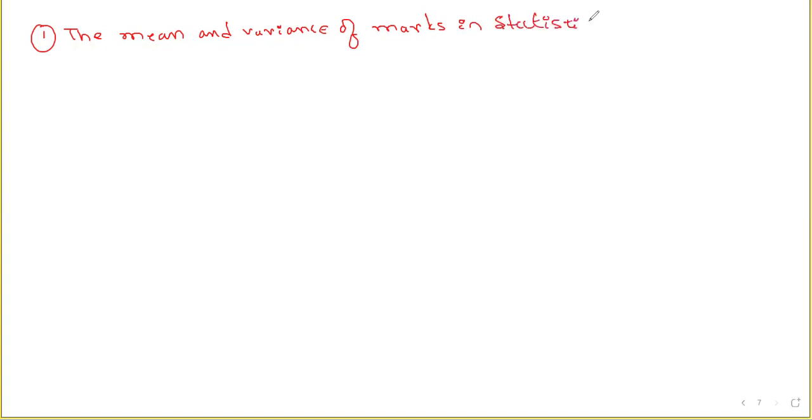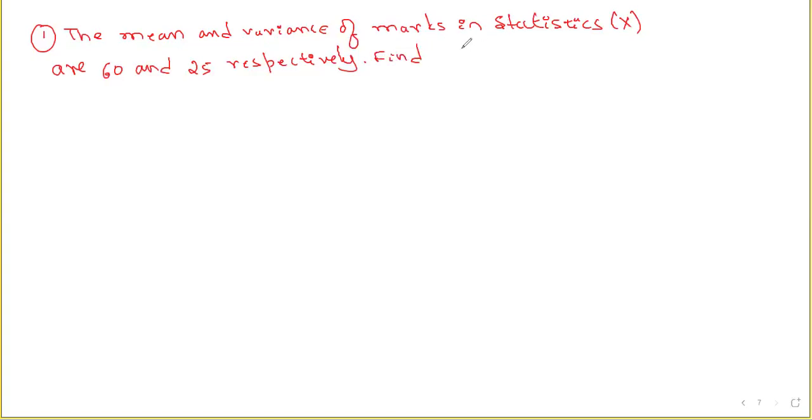So now we'll enter into solved examples. First one: the mean and variance of marks in statistics. For example, consider x as marks in statistics. So the mean and variance of marks in statistics x are 60 and 25 respectively.